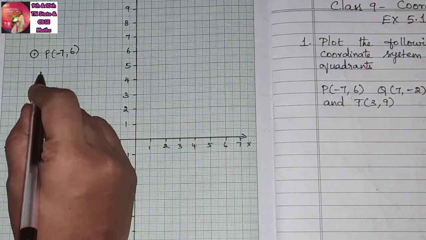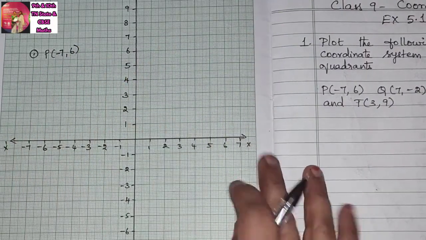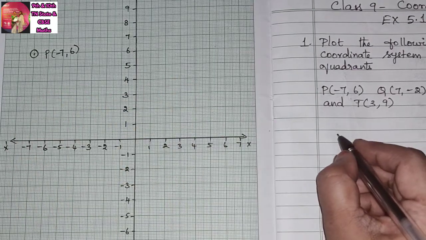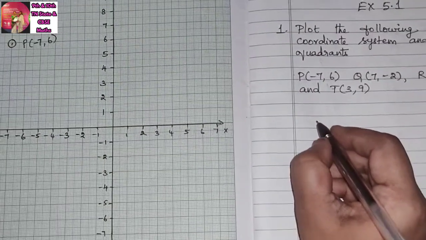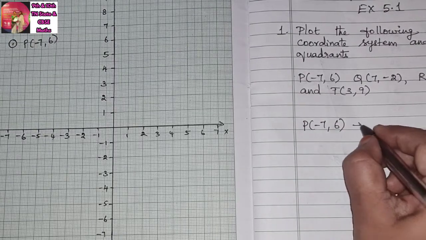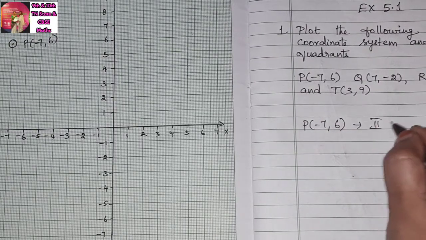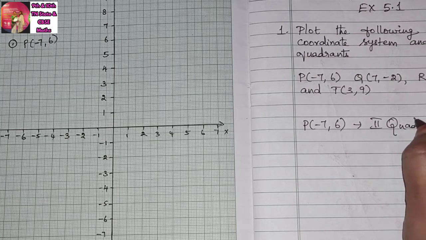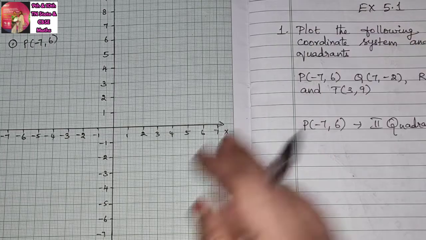This point is in the second quadrant, so we will write that simultaneously: P minus 7, 6 is in the second quadrant.